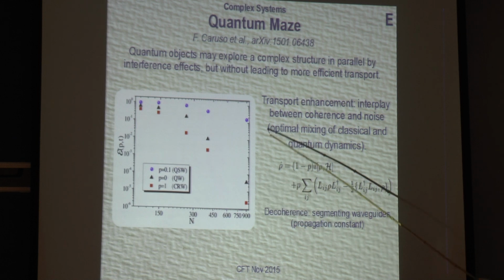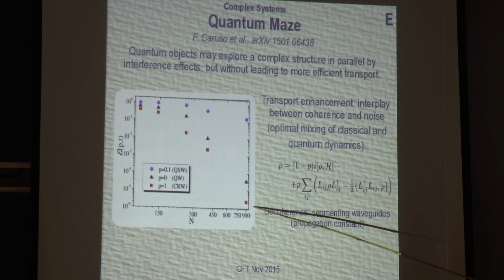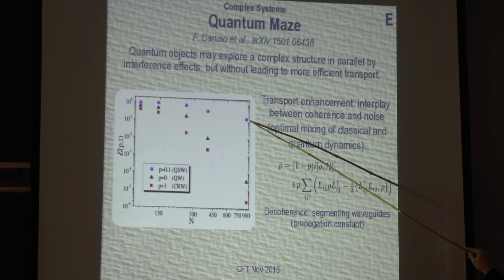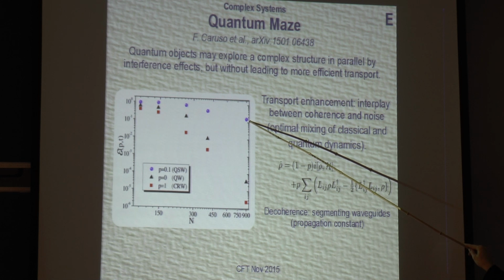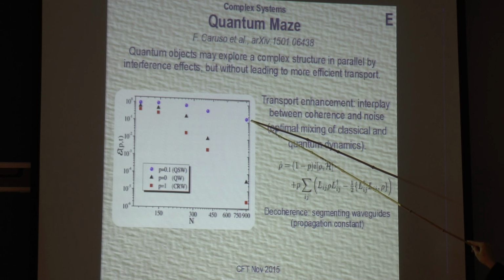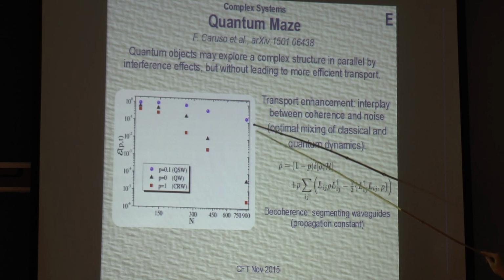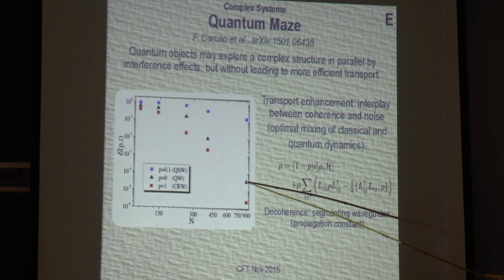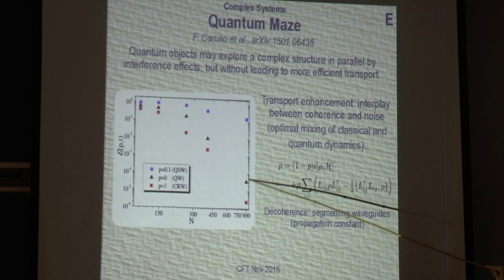We see that the effect is larger for larger mazes, and here they have obtained an increase in the efficiency of transport of 5 orders of magnitude compared to the classical, and I think 3 orders of magnitude with respect to the purely quantum case.